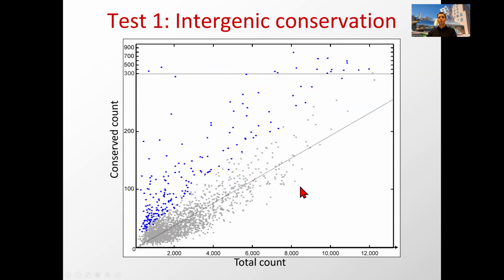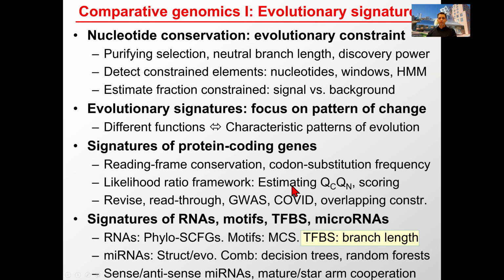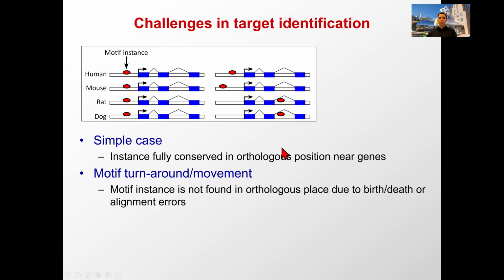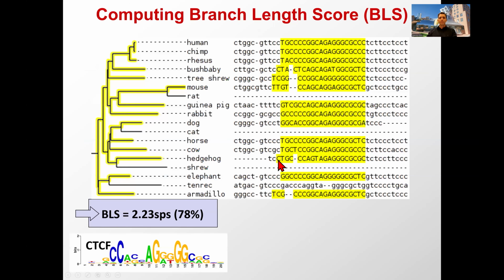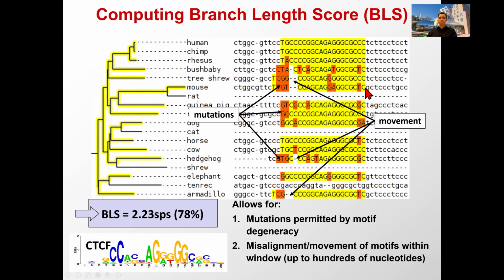And these are genome-wide evolutionary signatures that allow you to distinguish true functional motifs from non-functional k-mers of the same type. And you can also apply that to individual instances of a site by basically tolerating mutations and even insertions and deletions as long as they preserve the position weight matrix, okay?